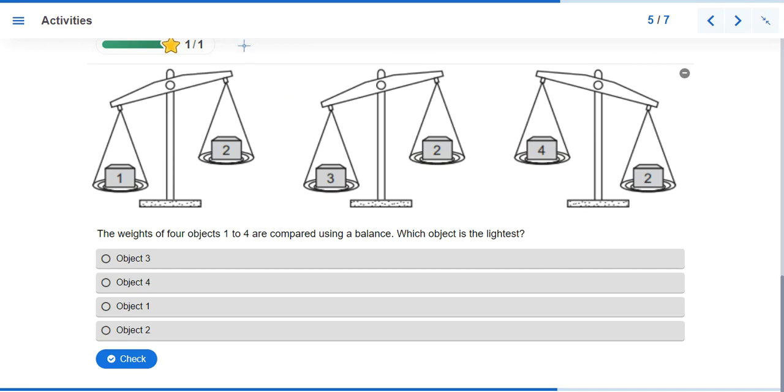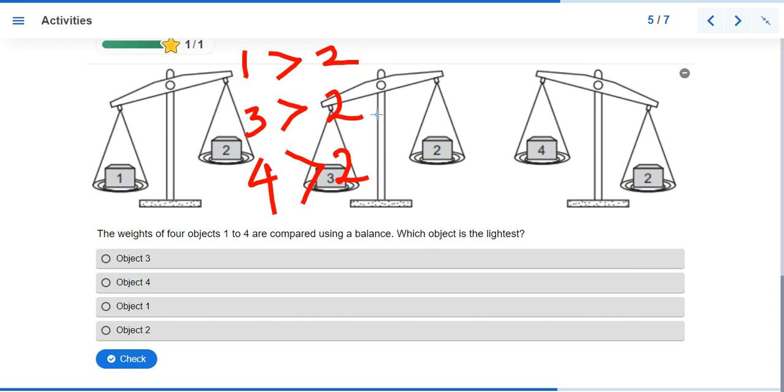So with this in mind, I can say that weight 1 is greater than weight 2. Weight 3 is greater than weight 2, while weight 4 is lesser than weight 2.